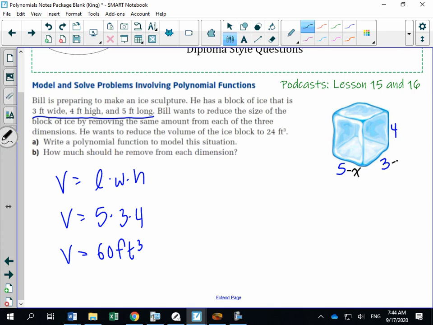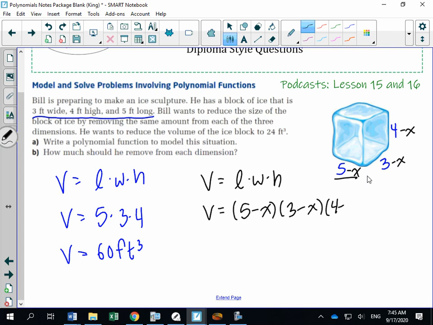From the width, he wants to remove the same amount, and from the height, he wants to reduce it by the same amount. So if I said, okay, well, what's the new volume of our block of ice? We know that volume is equal to length times width times height. So now the volume would be 5 minus x, 3 minus x, and 4 minus x.